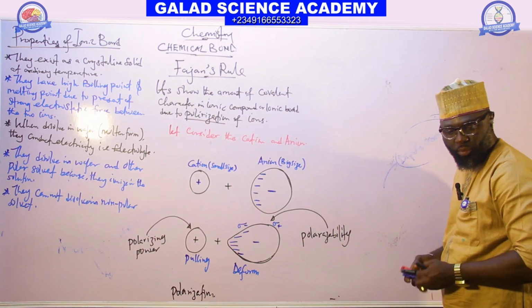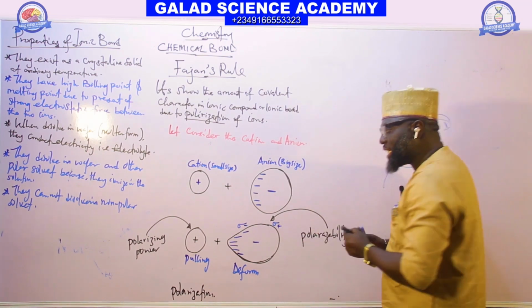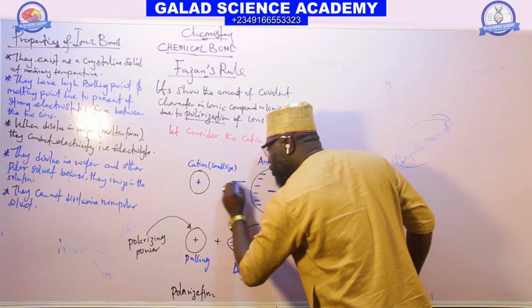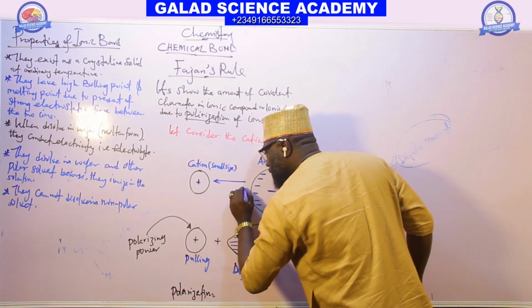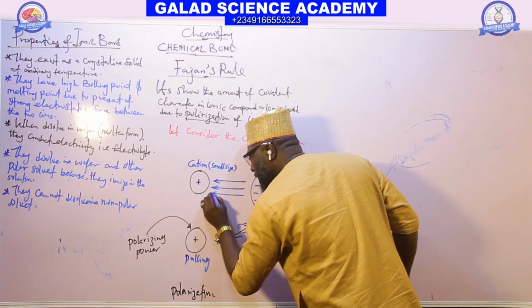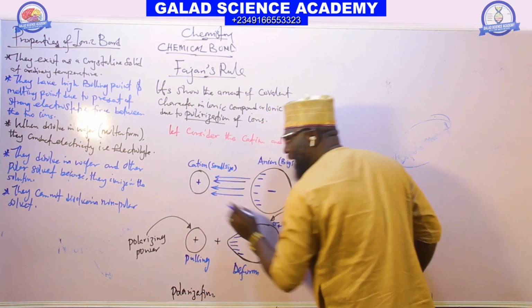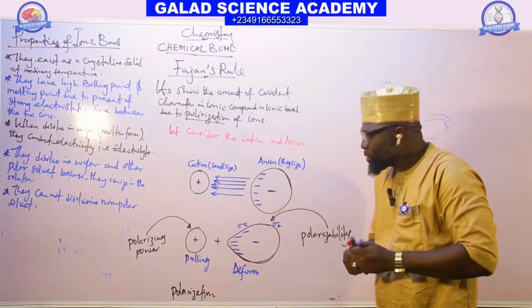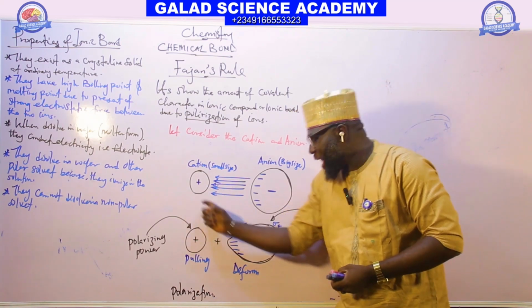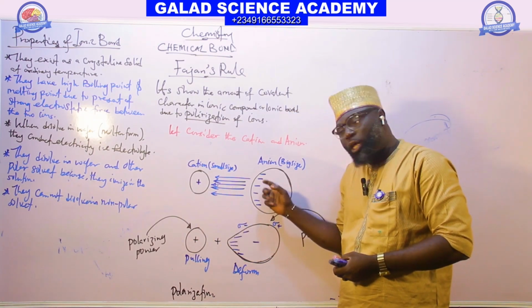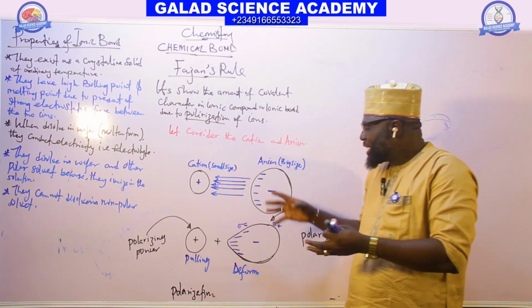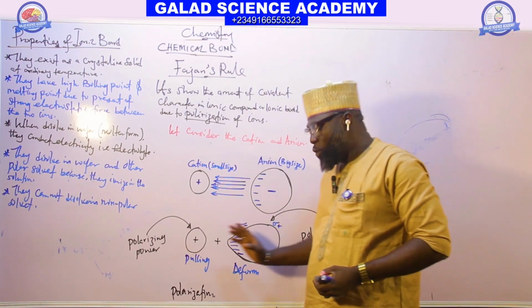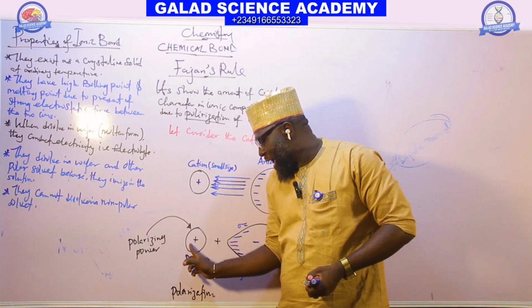So here, the electron cloud we have in the anion will move toward the cation. The positive charge here attracts the negative charge here.